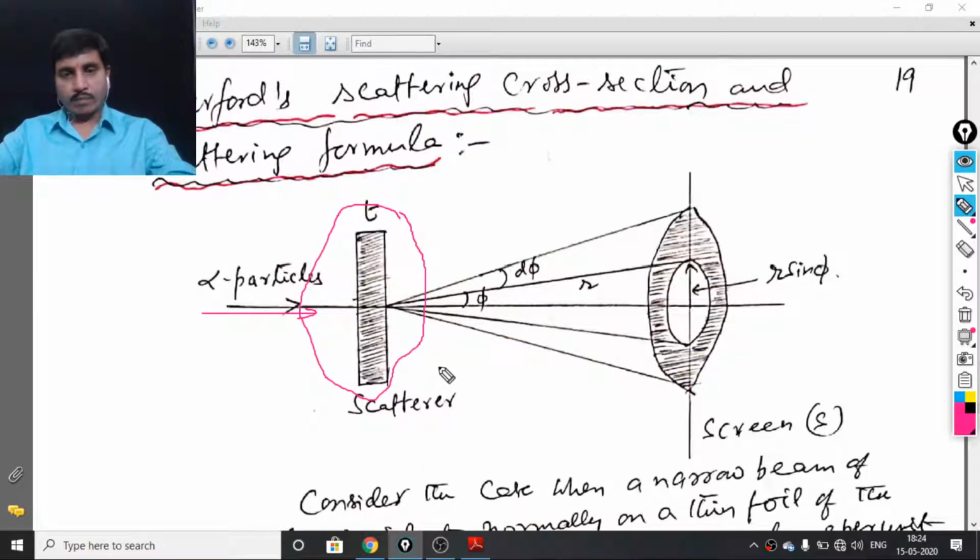After scattering, the alpha particles strike the screen, that is a fluorescent screen. You can count the number of alpha particles scattered by counting the number of scintillations on the fluorescent screen caused by the scattered alpha particles.